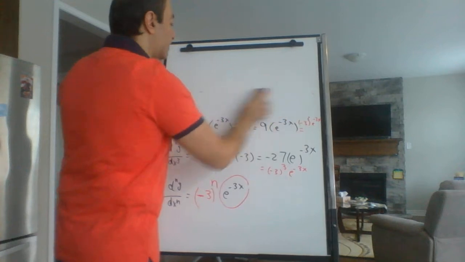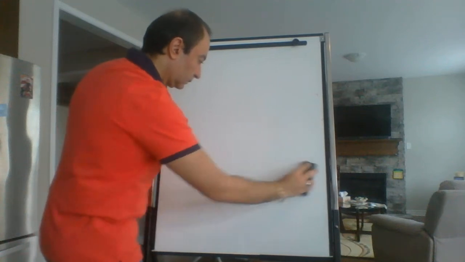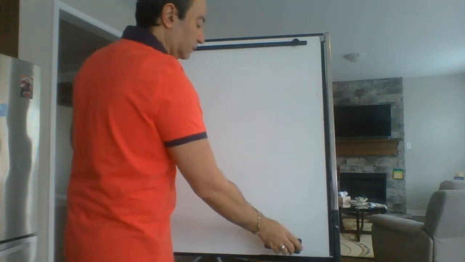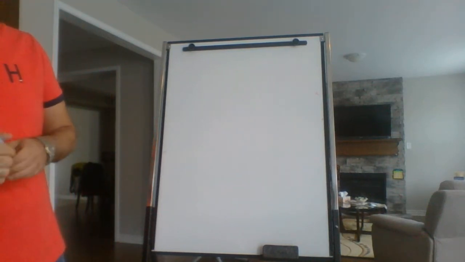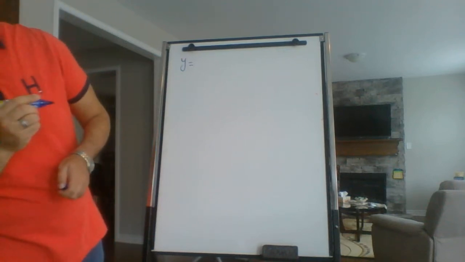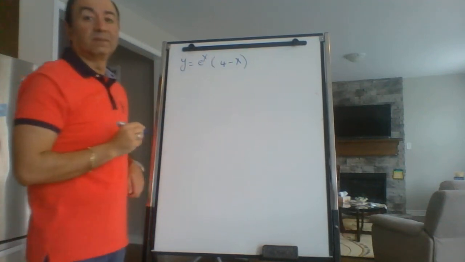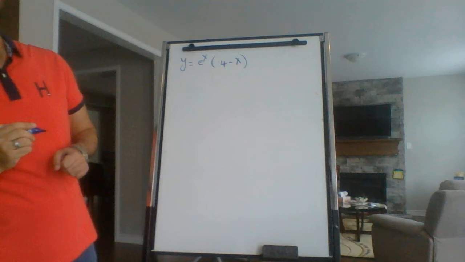Malik and Jaylee asked me for this. 11c says y equals e to the power of x times 4 minus x. So we need to find the first and the second derivative.